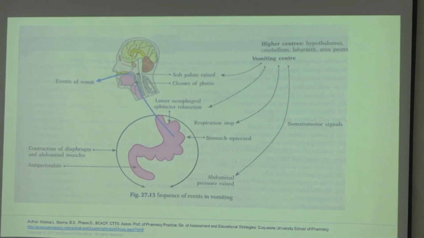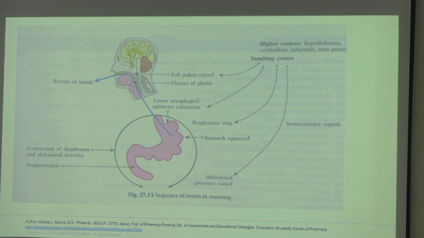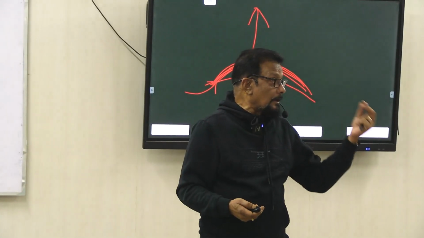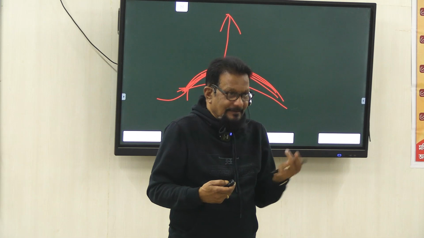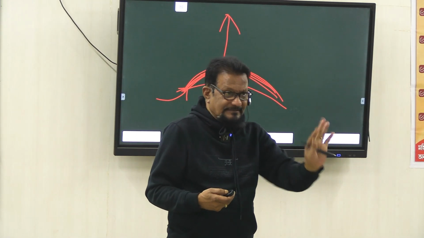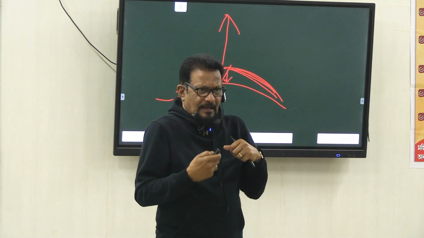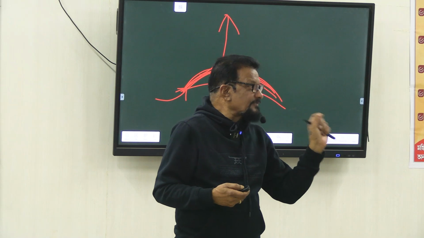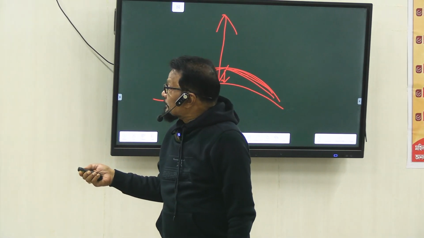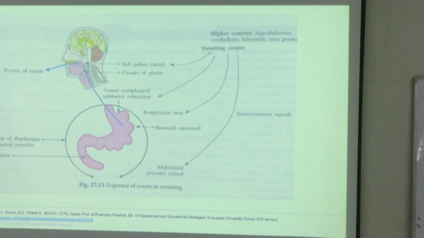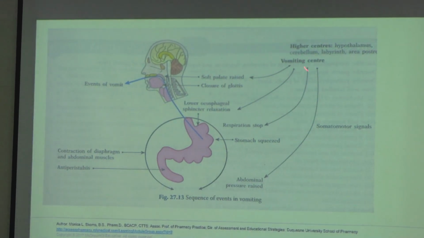When we think about this, when we are in stress, when we smell some bad thing, or we see some sight which we do not like, that may create vomiting. This will stimulate the higher centers. Now the higher center will stimulate the vomiting center.